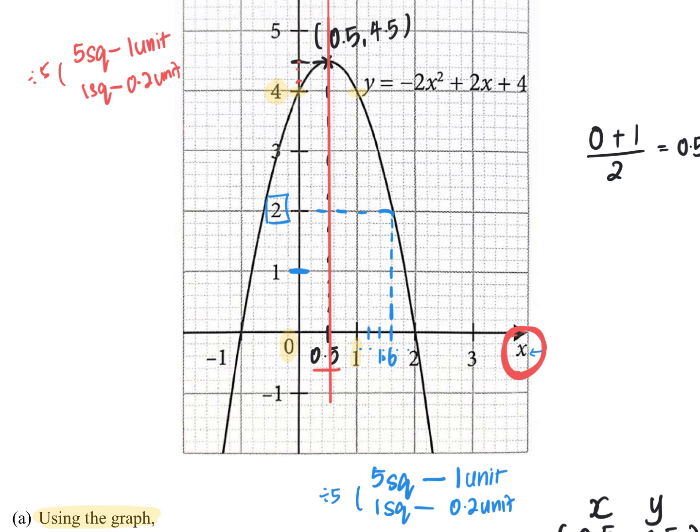Or you don't draw one full line, you just draw half, until it touches the curve at 2 points, right? 2 points. Then we turn and we read this value, turn and we read this value.